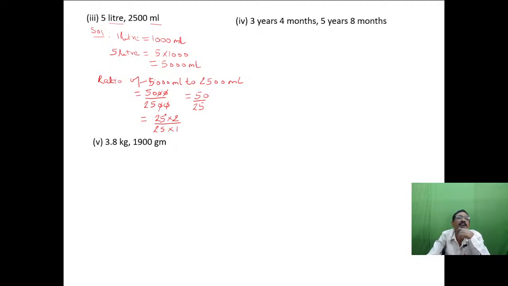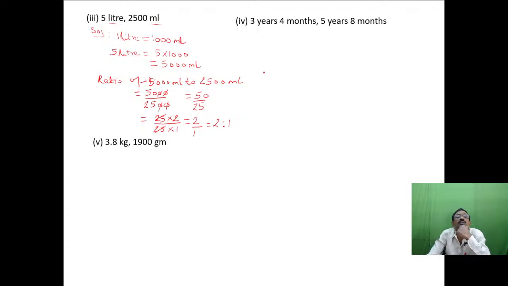So 25 ones are 25 and 25 ones are 25, which is equal to 2 upon 1. Now we have to express it in ratio, 2:1. So we got the ratio as 2:1.